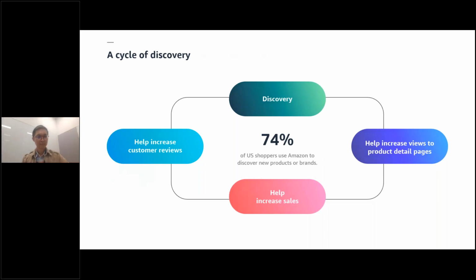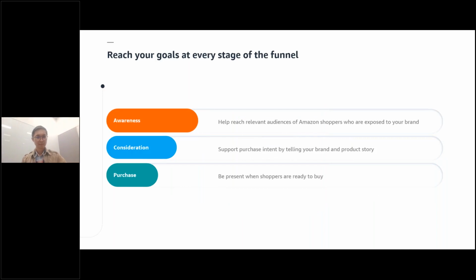So with Amazon ads, the goal is really to help you drive your brand at every stage of what we call the funnel. Firstly, you want to cast a very big net, which we often call driving awareness, to help you reach relevant audiences of Amazon shoppers who are exposed to your ads. And then the ads will help you support your purchase intent by telling your brand story, your product story. Are you selling something, for example, that is sustainable?